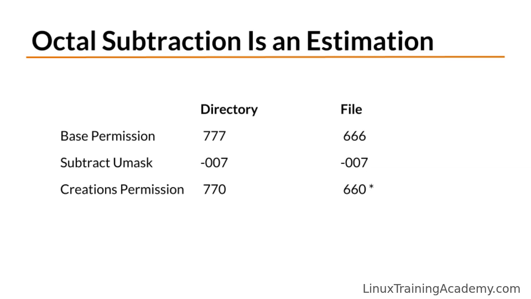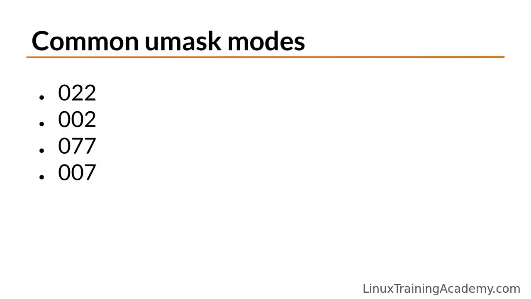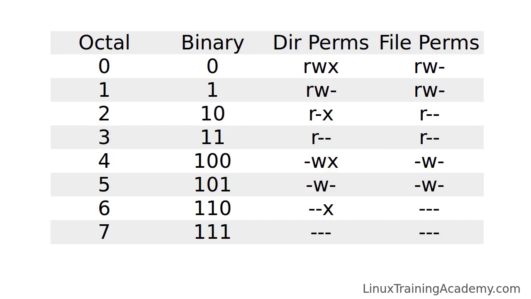So it breaks down a little bit, but it gives you a good idea of what to expect. Here are some fairly common umask modes: 022, 002, 077, and 007. This table contains all the resulting permissions created by each and every one of the 8 umask permutations.